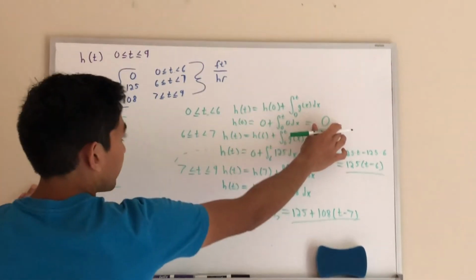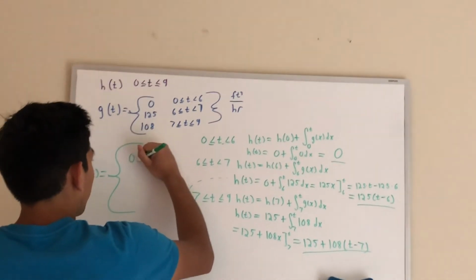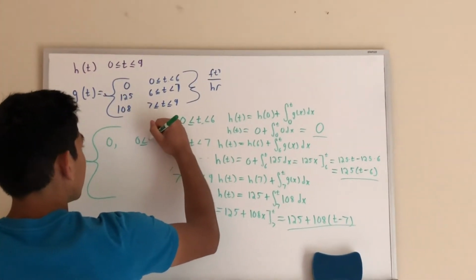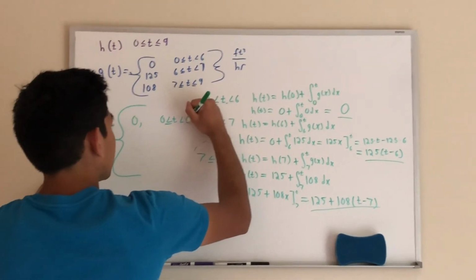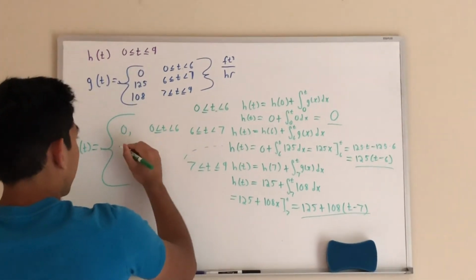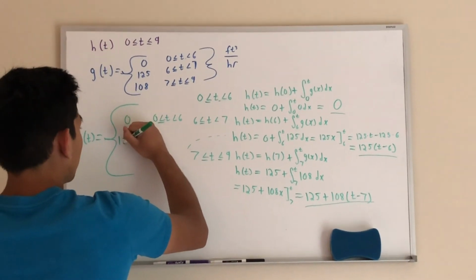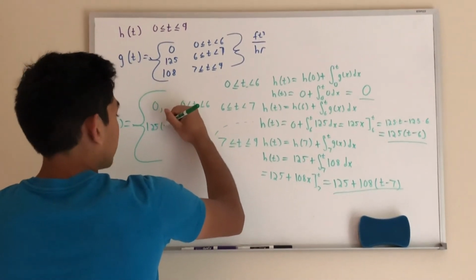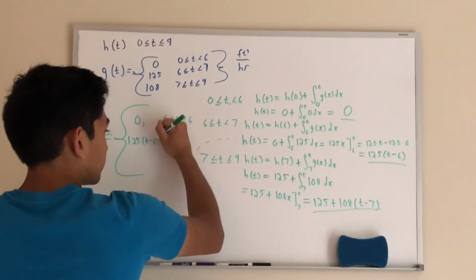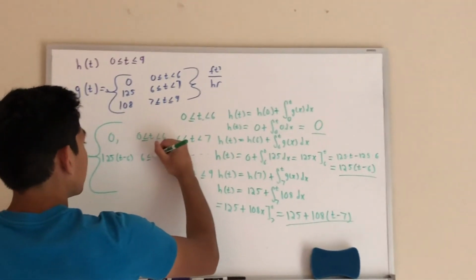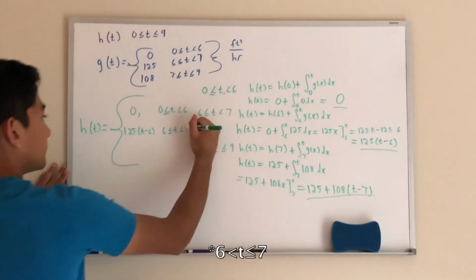If we take the first value, which is 0, from this interval, so 0 is less than or equal to t is less than 6, and we take the next value, which is 125 times (t minus 6) for 6 less than or equal to t less than 7.